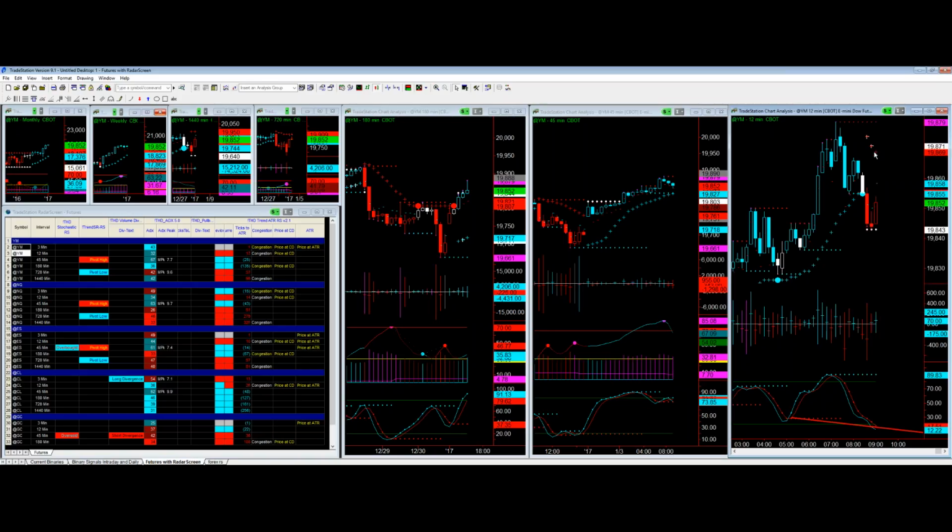This should actually push it right back to 19,869. Yeah, the test of this ATR is really what's going to give it the power to push down to test the ATR on the 180. So you are absolutely correct.